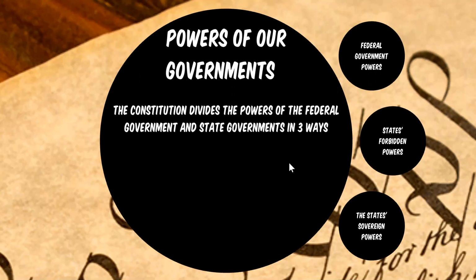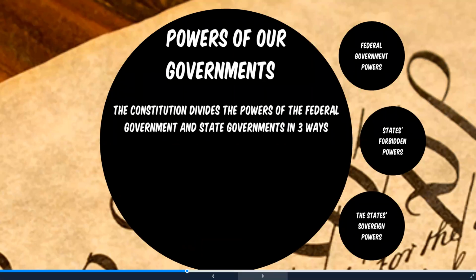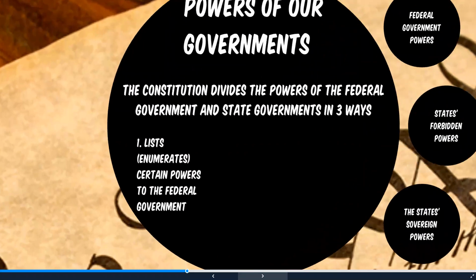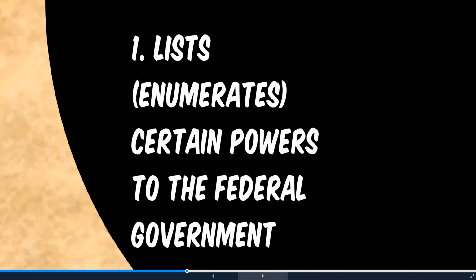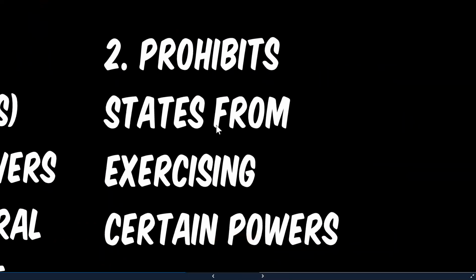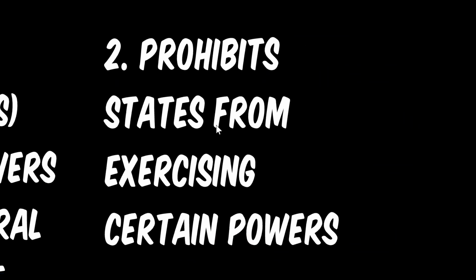The Constitution spells out, these are the powers the federal government has, these are the powers the state has, and these are the powers that both have. So it lists or enumerates certain powers the federal government has. And then it also prohibits the state from exercising certain powers.